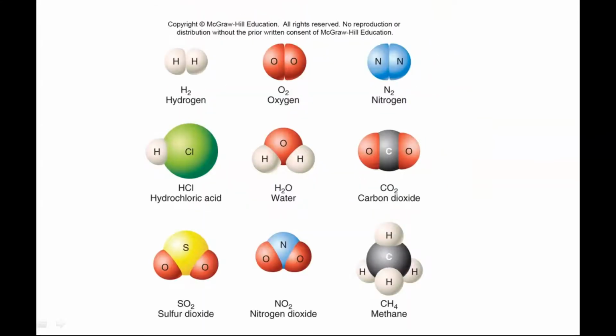To understand what's going on with the rainwater, we have to look at the composition of the air, or composition of the atmosphere. This diagram from your textbook shows some molecules that could be found in the air. Some of those molecules are pretty obviously normal ingredients of clean air. For example, over here you're recognizing nitrogen gas.